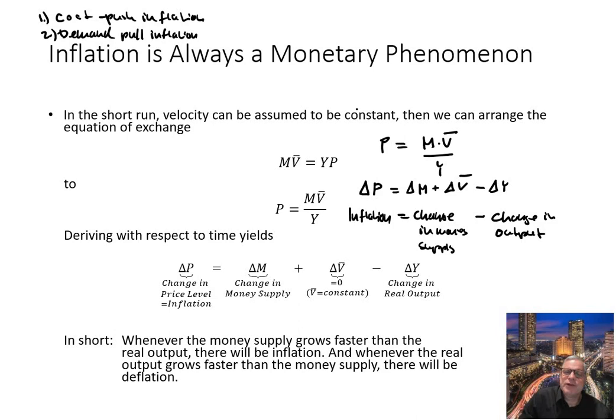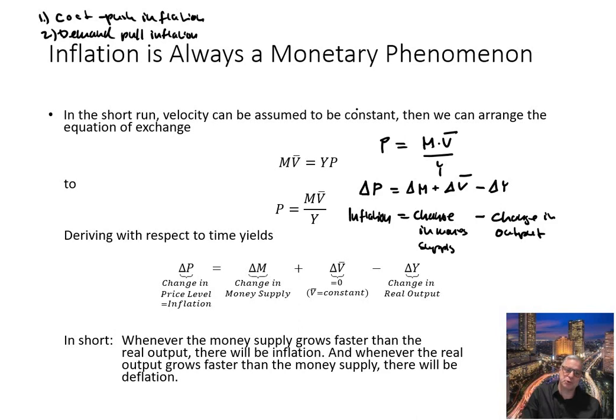But when we say inflation is always a monetary phenomenon, what it means, for example, with respect to cost-push inflation, is that even if we have cost-push inflation, if we reduce the money supply, we should be able to rein in inflation again.